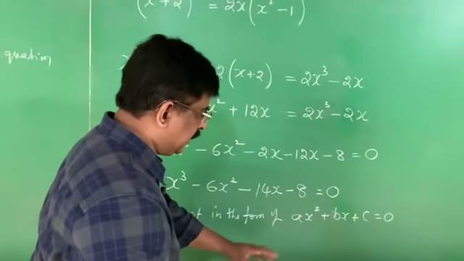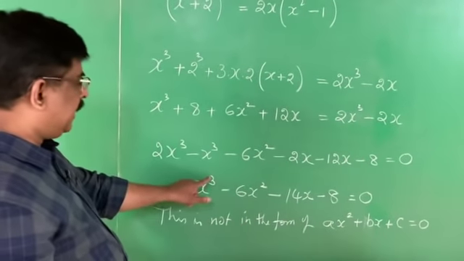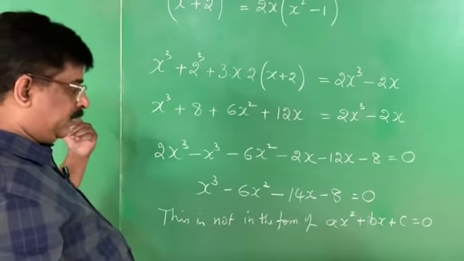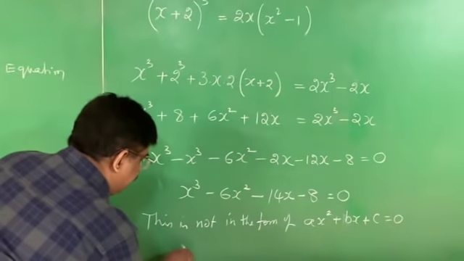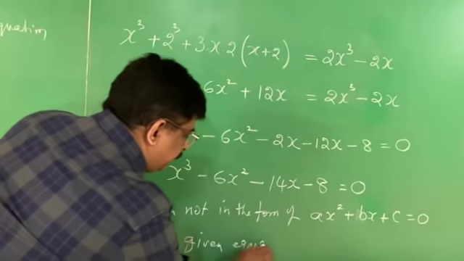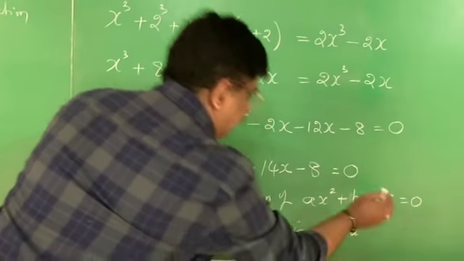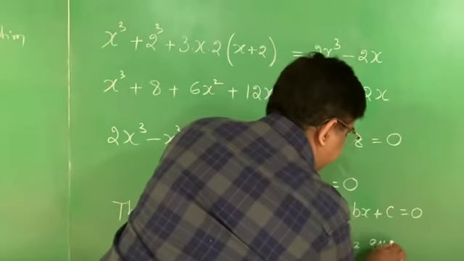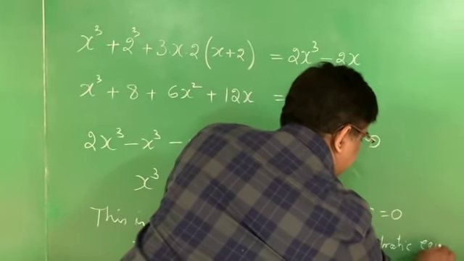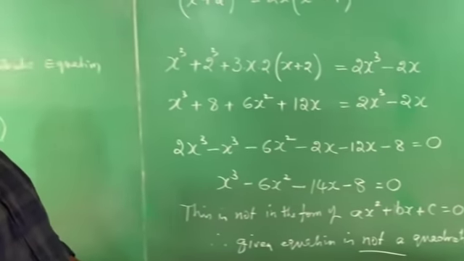In a quadratic equation, the highest power of the variable is 2. This is the equation where the highest power of the variable is 3. Therefore, it is not a quadratic equation, it becomes a cubic equation. Therefore, the given equation is not a quadratic equation.